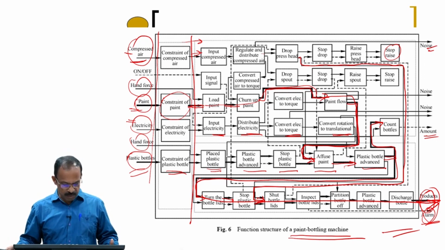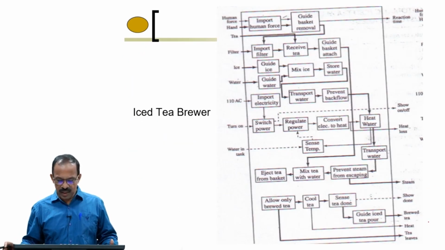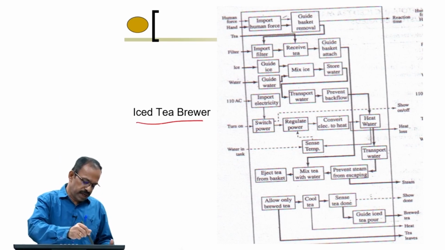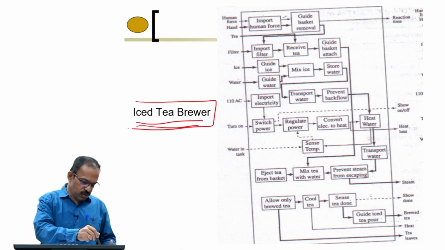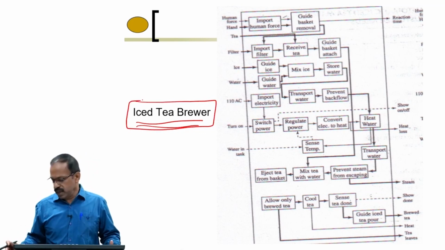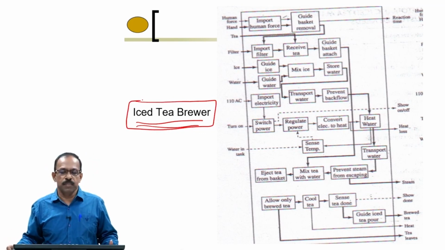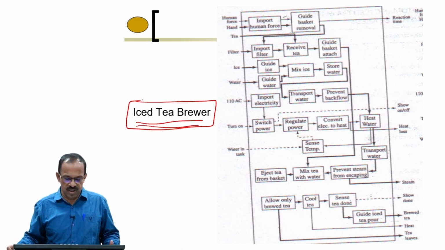Okay, so that is one example for the functional decomposition using function structure methods. And this is another one again for you to understand it fully. I have shown here the iced tea brewer. As you know, it is basically a tea machine which can deliver tea, or you can add ice also and get the iced tea.